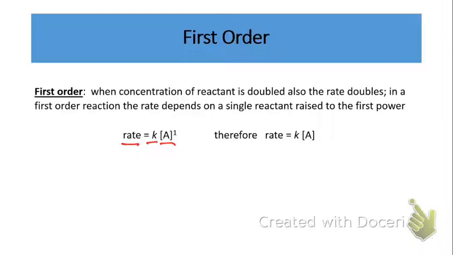So the rate expression can be written as rate equals K[A]. So what does this mean? It simply means that when the concentration of the reactant is doubled, it should double the rate. So in a first order reaction, the rate depends on the single reactant raised to the first power.